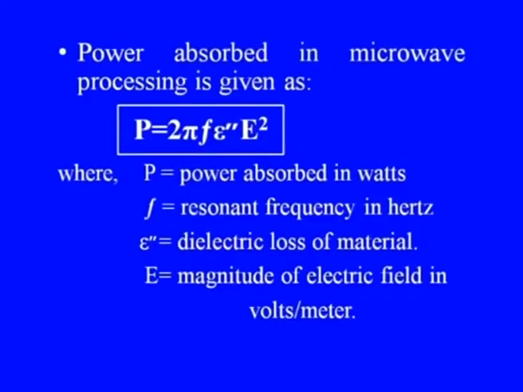The power absorbed in microwave processing is given by P equals 2 pi f epsilon double prime E squared, where power is expressed as P, f is the resonant frequency in hertz, epsilon double prime is the dielectric loss of the material, and E is the magnitude of the electric field in volts per meter.